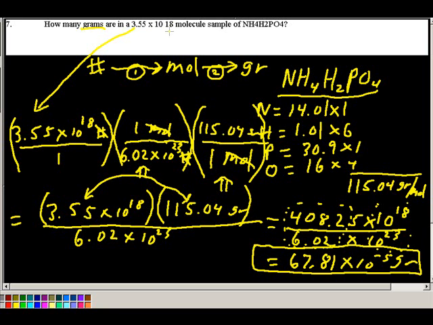So we should have a lot less than 1 mole. Well, 1 mole weighs 115. The amount this should be way less than that, because we have way less than 1 mole of items. Sure enough, this is times 10 to the minus 5th, so it seems reasonable.